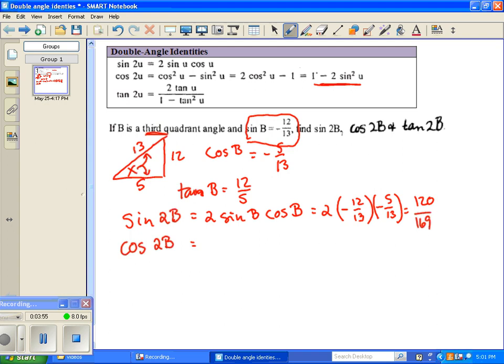For instance, we can do cosine squared of B minus sine squared of B. So when we plug stuff in, we get cosine, which is negative 5 over 13, squared, minus negative 12 over 13, and that's squared.